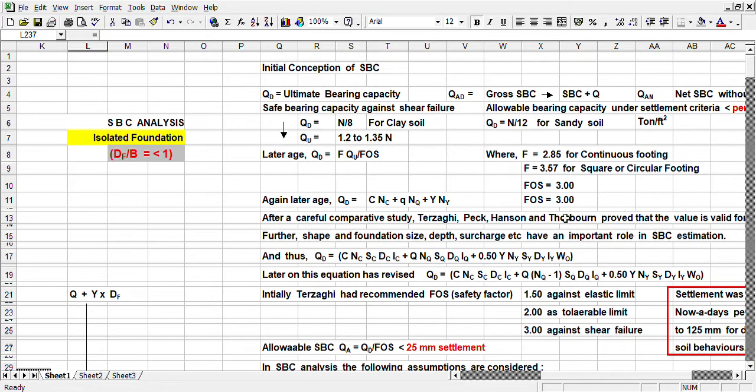So after study by Terzaghi, Peck, Hansen, Thunberg, the SBC shall be accurately determined using cNc sc dc ic plus q Nq sq dq iq plus half gamma B N gamma s gamma d gamma i gamma, with water table correction.